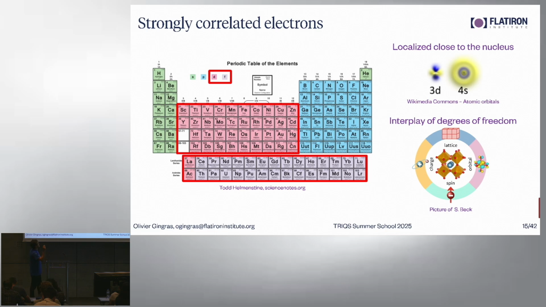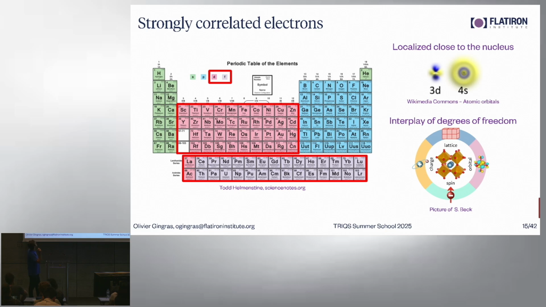Because of orthogonality with respect to the other orbitals, and the small radial variation higher in the periodic table, these electrons are very close to the nuclei and not very well screened, so they feel a very strong Coulomb potential. Also, they need to be partially filled, because when they're completely filled, they're just inactive degrees of freedom.